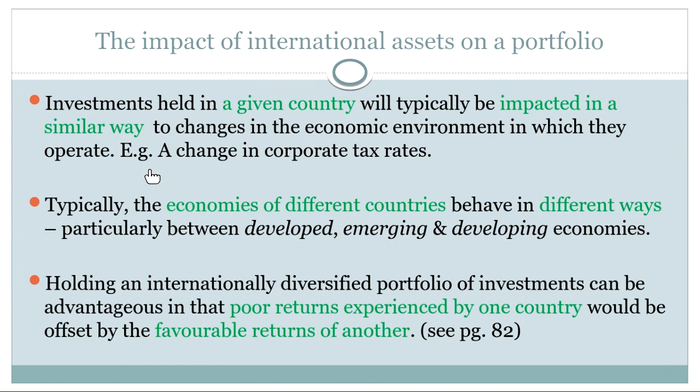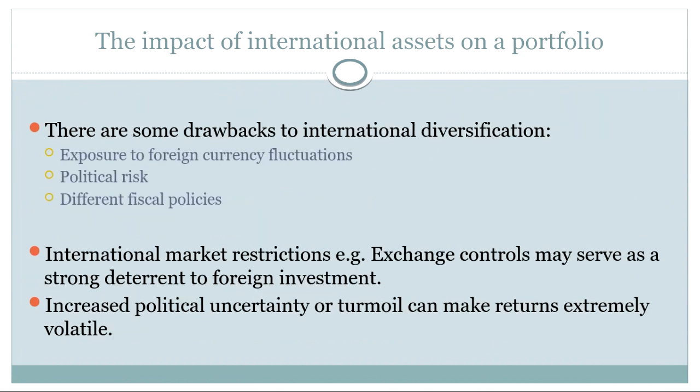Then this part here, the impact of international assets on our portfolio. You guys can read through that on page 82 on your own, as basically just so that we are aware as financial managers that when we are dealing internationally, that can also help us to diversify, but that also, because we are now investing internationally, that brings some other risks into account that we have to be aware of.